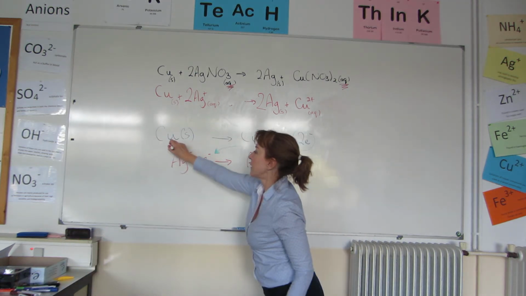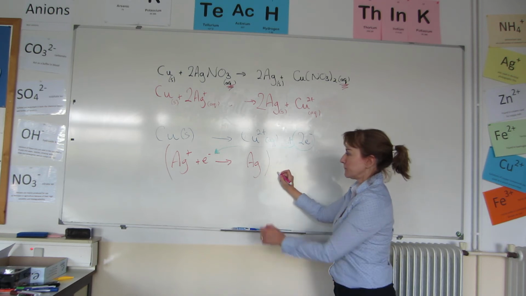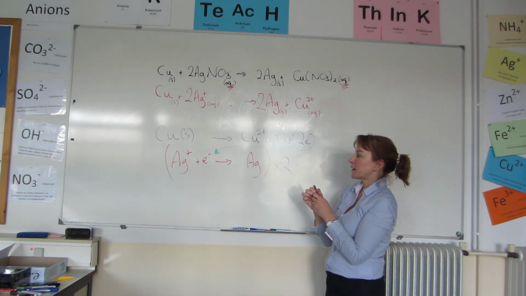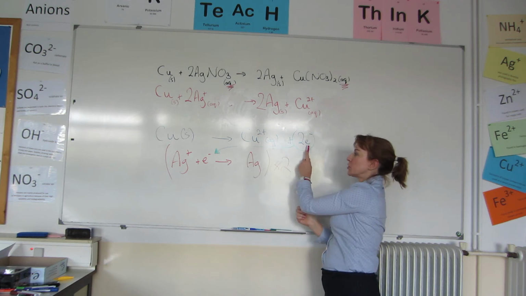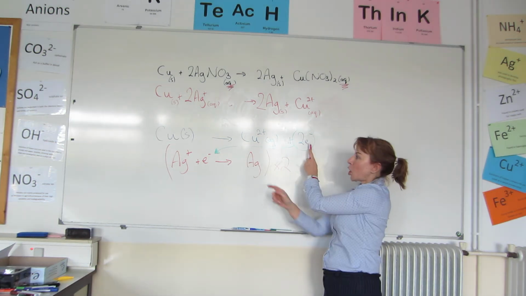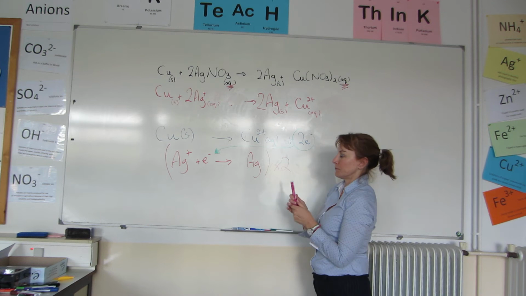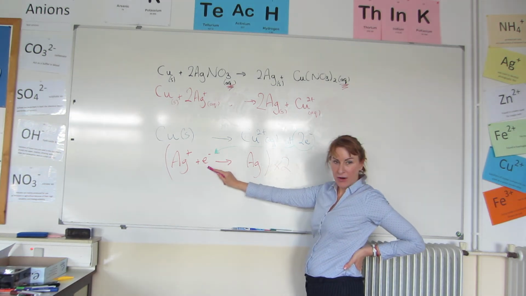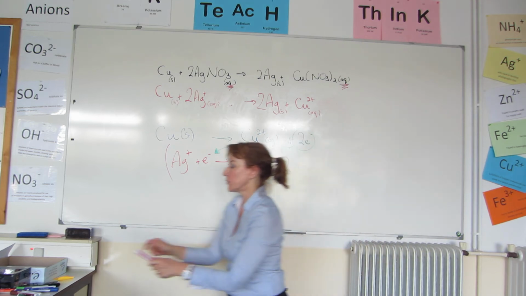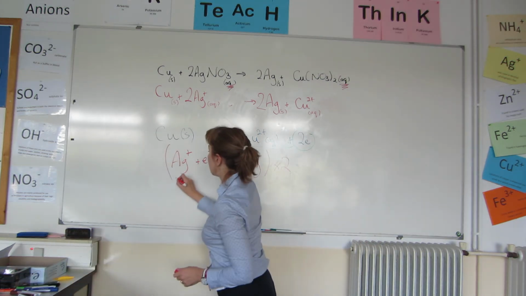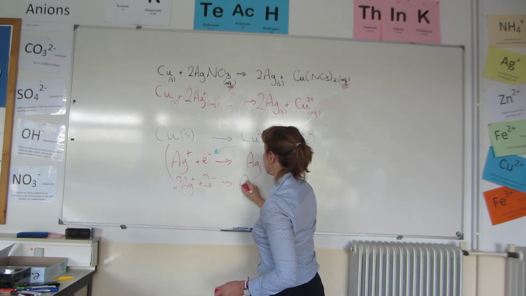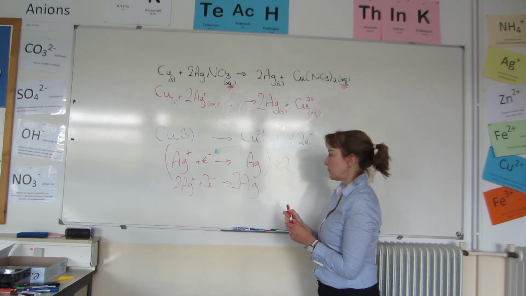Well, we have to multiply this half equation times 2, so that overall the 2 electrons lost by the copper atoms are 2 electrons gained by silver ions. Okay, so we would end up with 2Ag+ + 2 electrons goes to 2Ag.